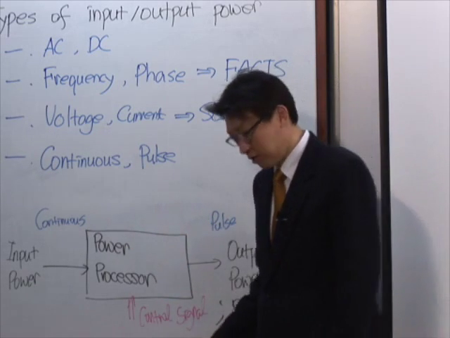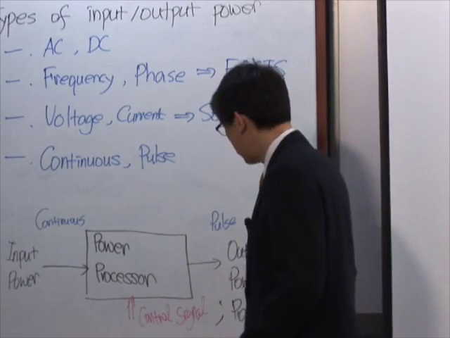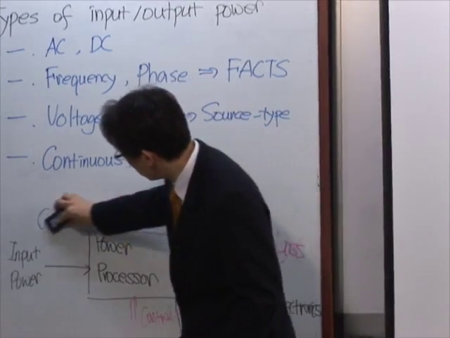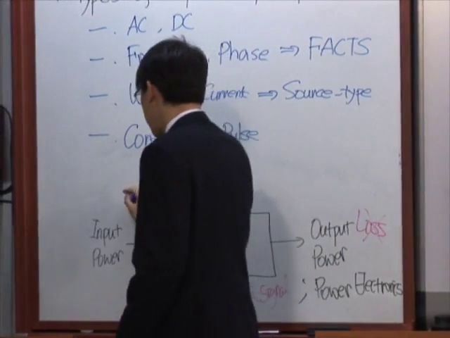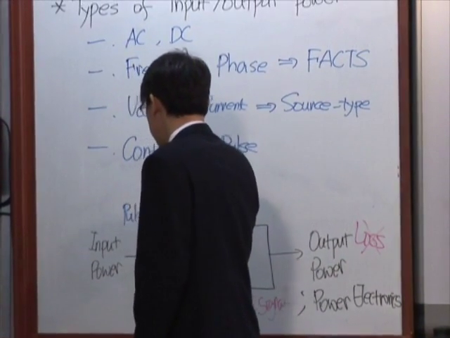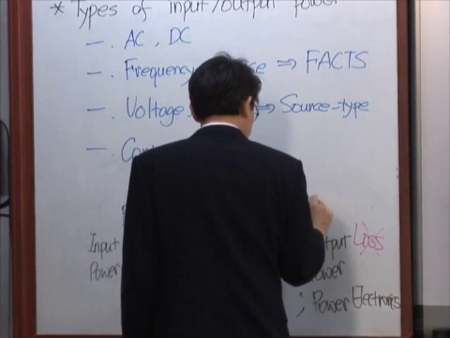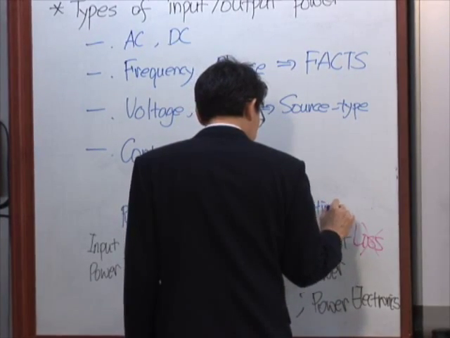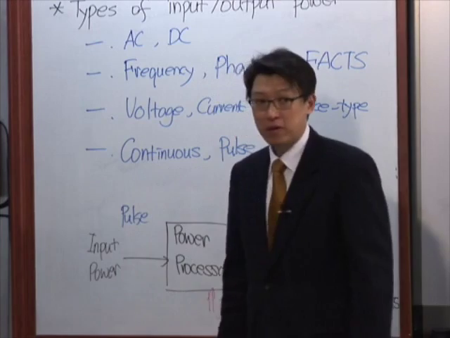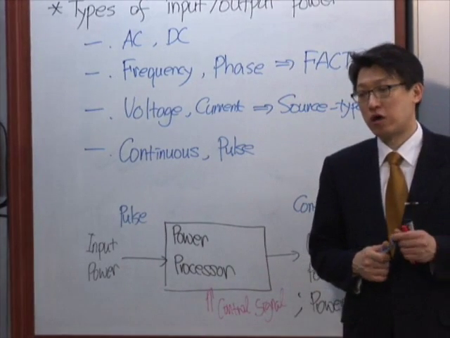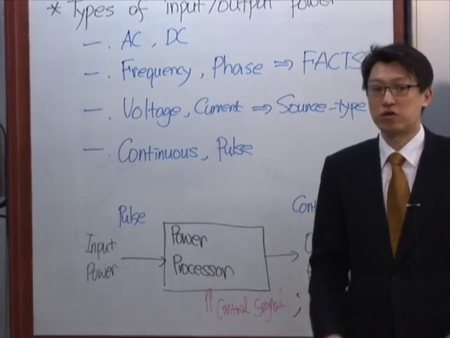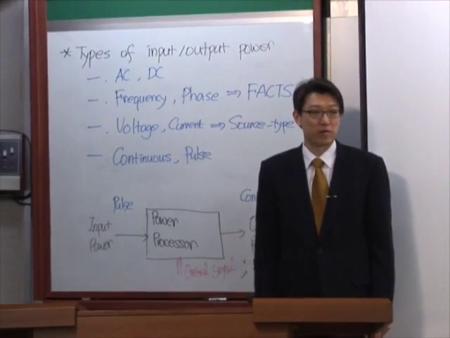What about the reverse one? Pulse to continuous. A good example is the solar cell. The sun doesn't always shine. We have night.